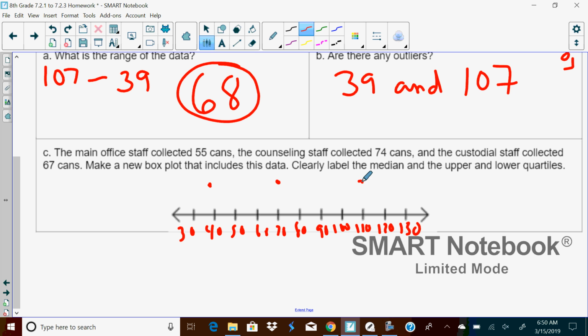So 58.5 will be about here, and a dot above 79.5. So there are my 3 dots. So when I make my box, it says clearly to label everything: 39, 107, 58.5, 70, and 79.5.